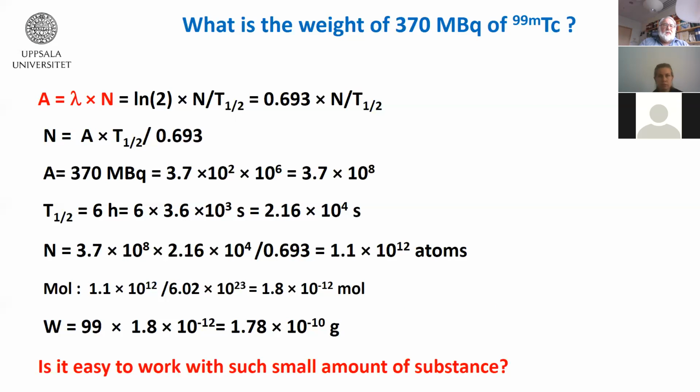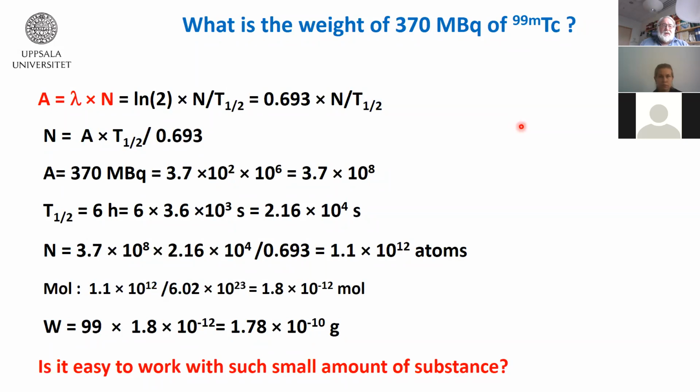The history of the question would be better elucidated if we just consider how small an amount of substance we have to handle when preparing radiopharmaceuticals. For example, a typical injected activity of technetium-based radiopharmaceuticals is 370 megabecquerel, 10 millicurie.